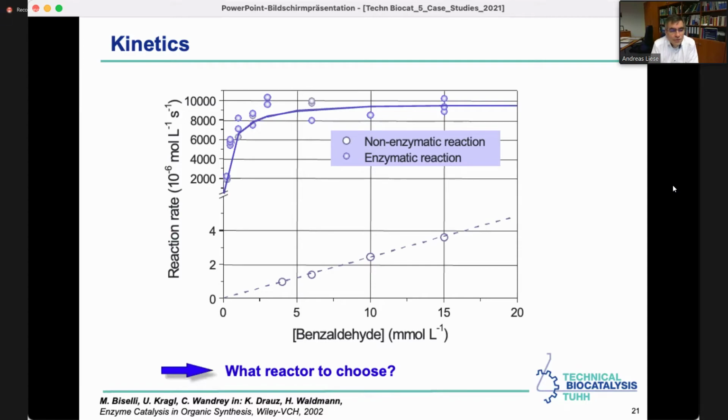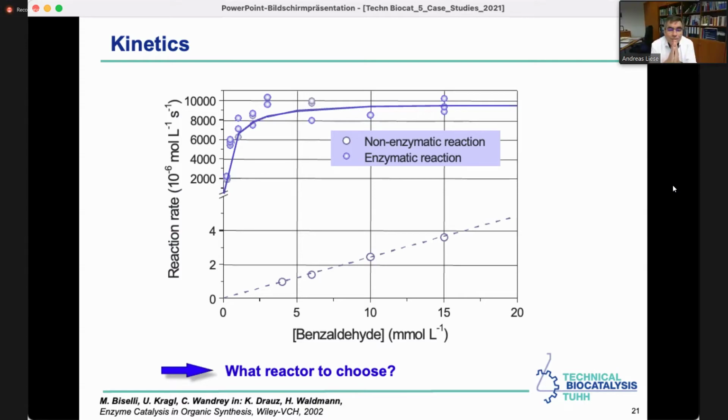Can you get any clues out of this? How to operate, how to select? I was thinking maybe a CSTR reactor. Once again? You asked me what reactor I would choose.